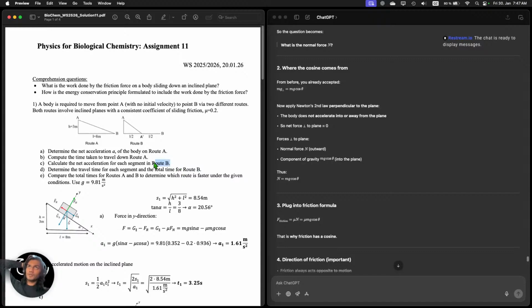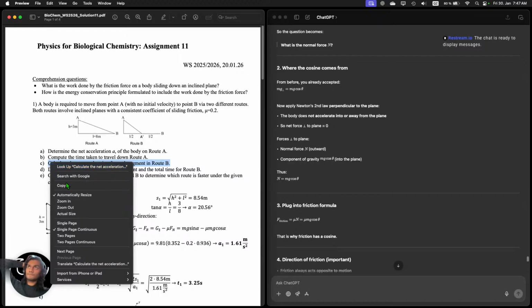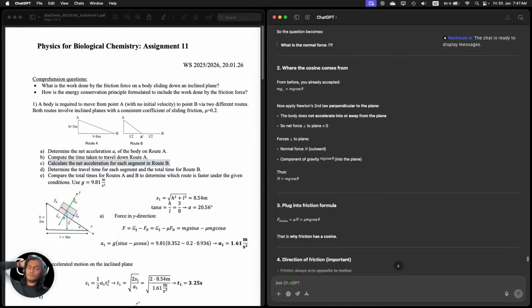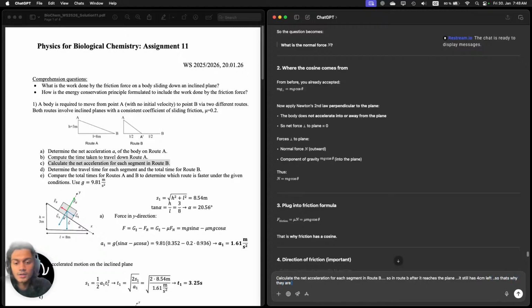Determine that after it reaches the plane, it still has 4. So that's why they are asking for 2.